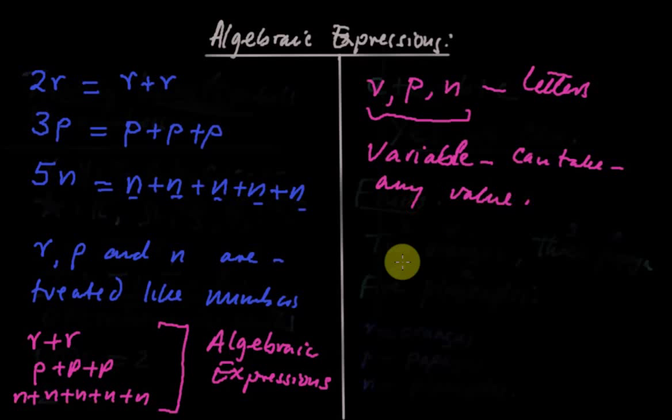Now we know what variables are. Now let us talk a bit more about variables. What is a variable? Why should we say it can take a different value?